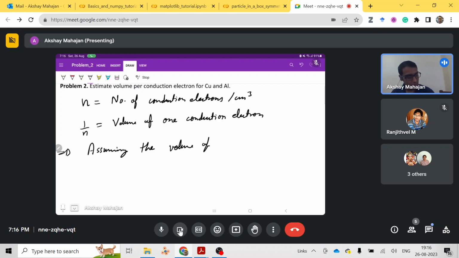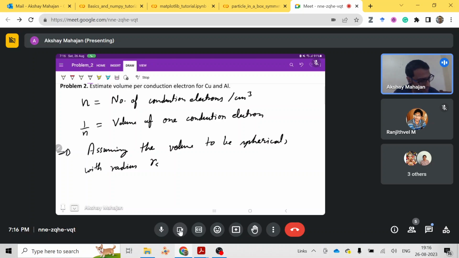We will assume the volume occupied by each electron to be spherical, with radius Rs, and we can write (4 by 3 pi Rs whole cube) equals 1 by n.